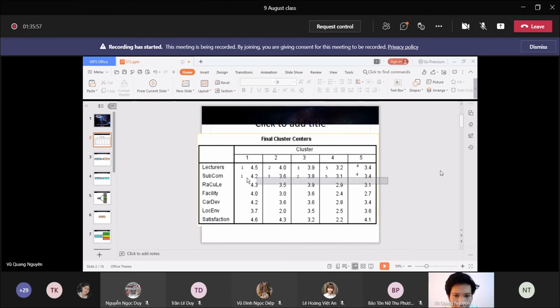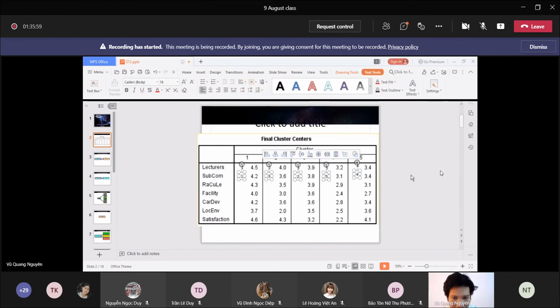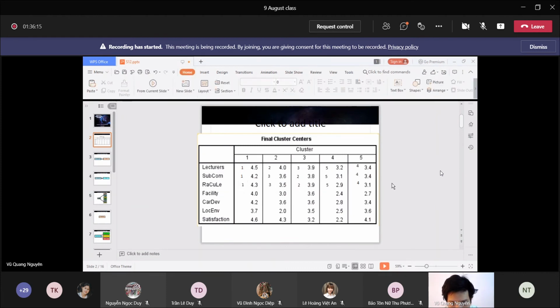Okay, that's subject complexity. And how about rationality of curriculum's length? This is the same with subject complexity. How about facility?